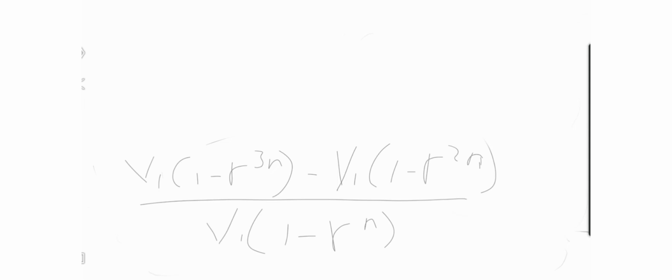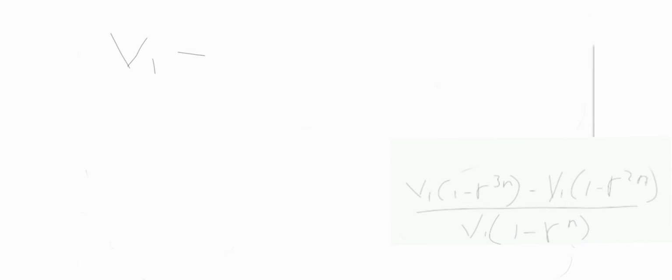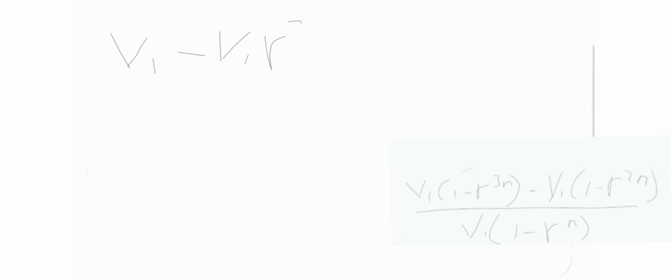V1 will multiply through. V1 times 1 will give us V1, and V1 will again times this R raised to power 3N that's inside this bracket. We're going to multiply it. So this V1 minus V1 R raised to power 3N. The reason is V1 times 1 and V1 times minus R^3N. That's going to give us minus V1 R^3N minus V1 times 1, which will give us V1.